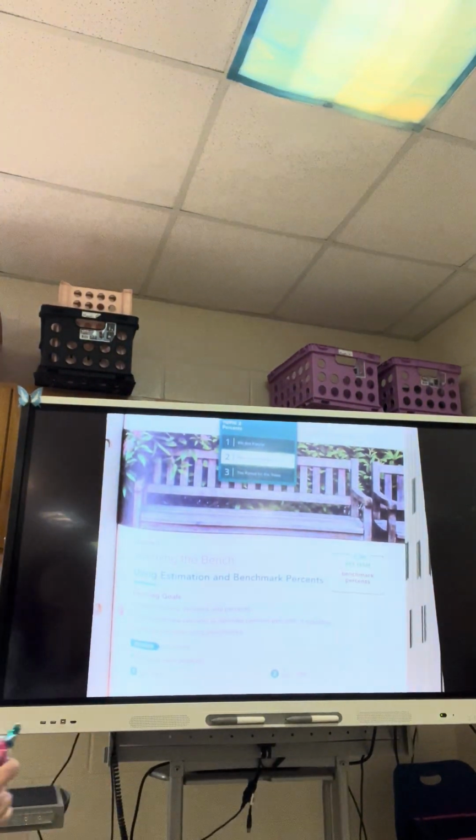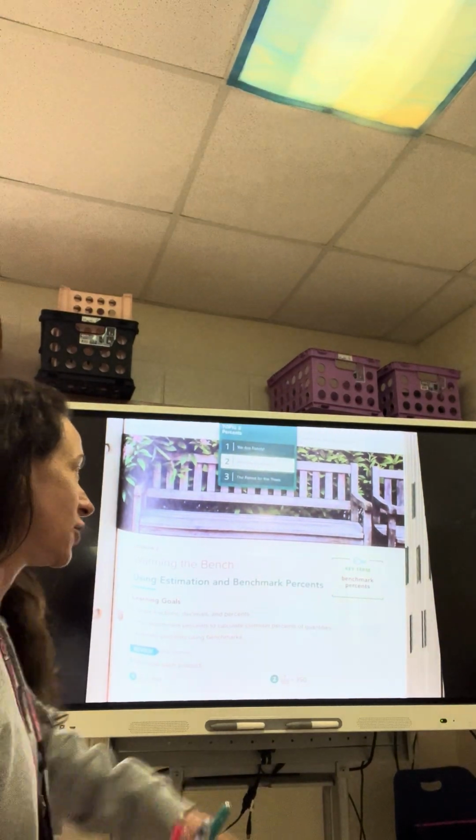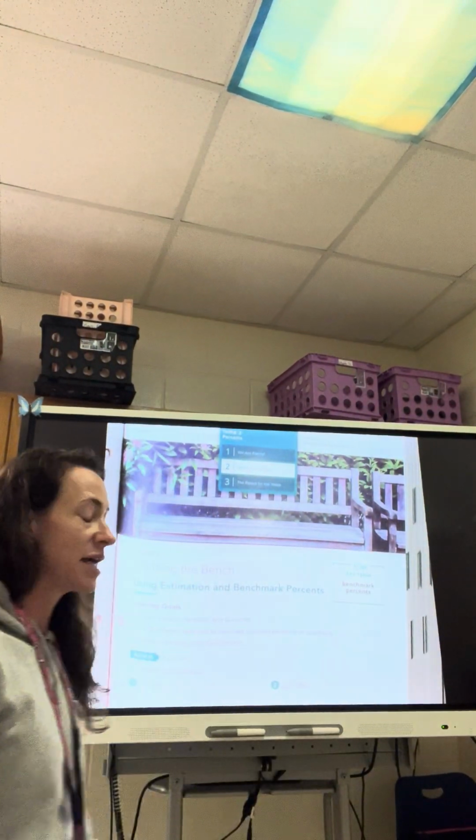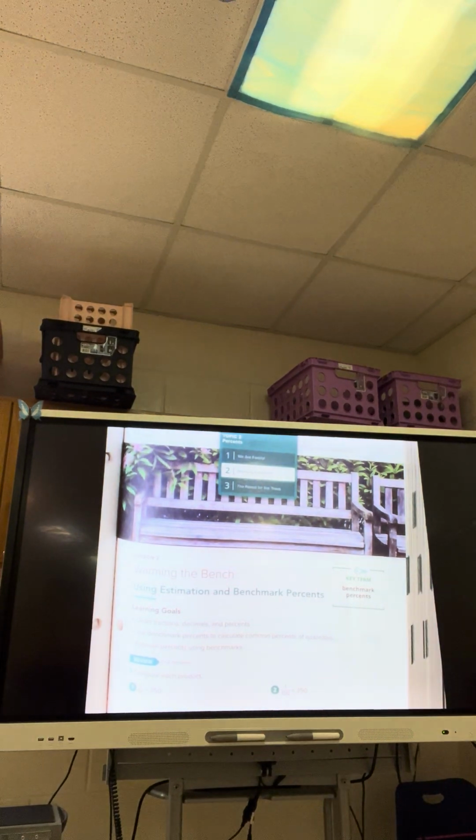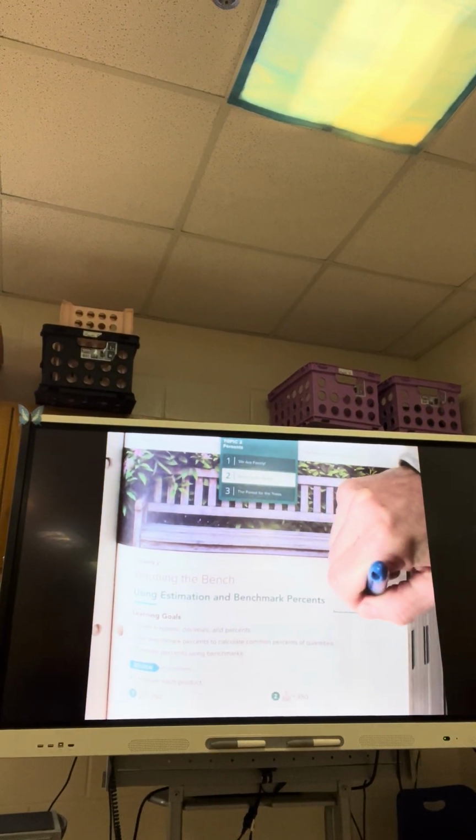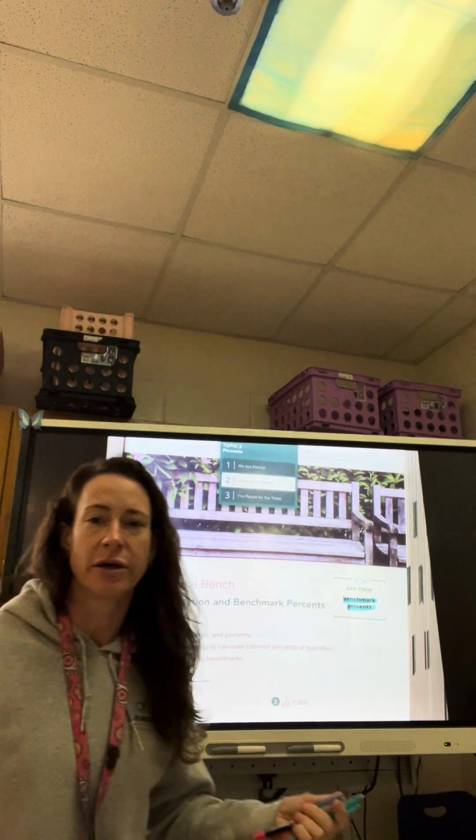Anyways, lesson 2, using estimation and benchmark percents. The key term is benchmark percents. A benchmark is kind of like a milestone, or a mile marker. It's not each individual tiniest possible percent.